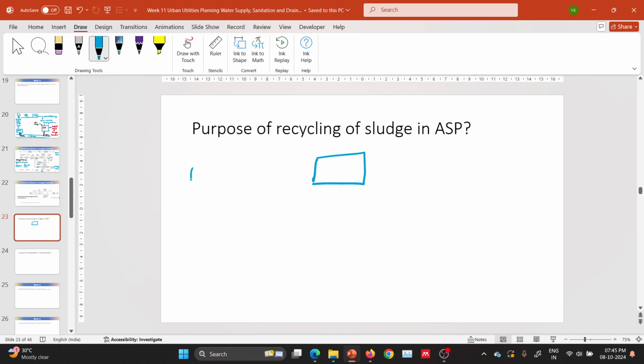From PST, this is sludge, this is effluent. This is PST. This effluent is sent to the aeration tank. This is the aeration tank.